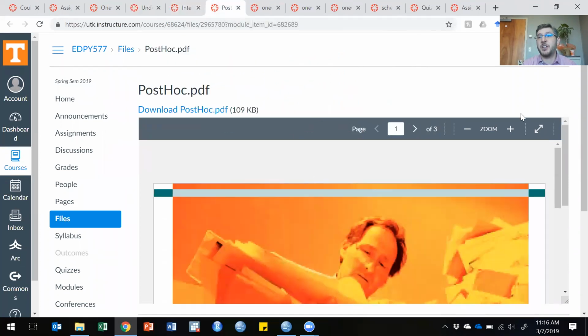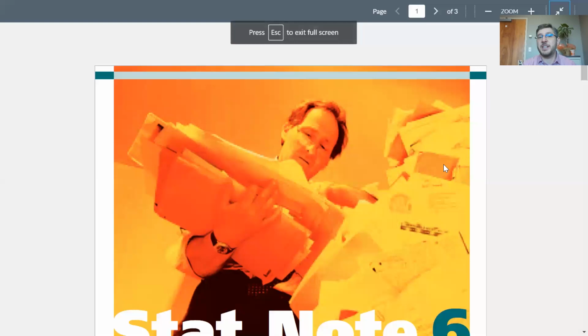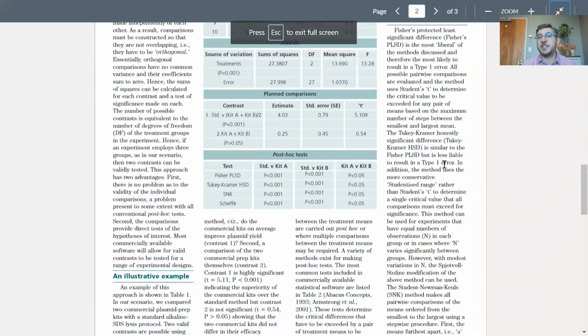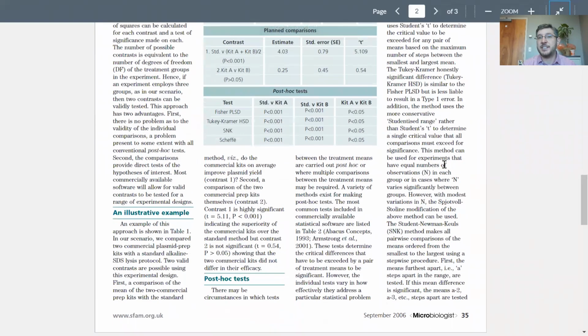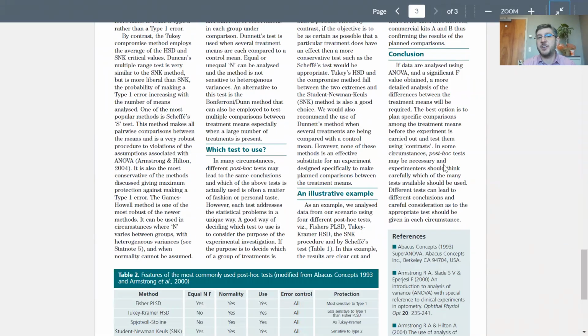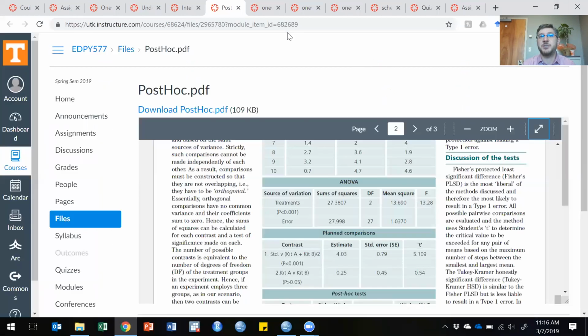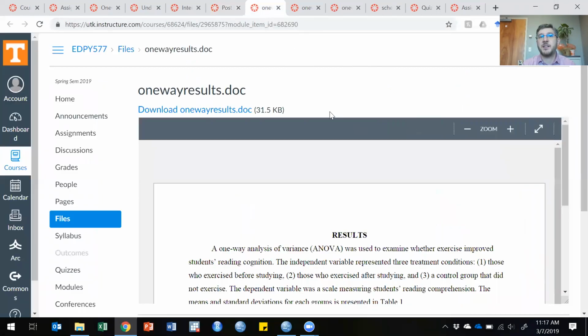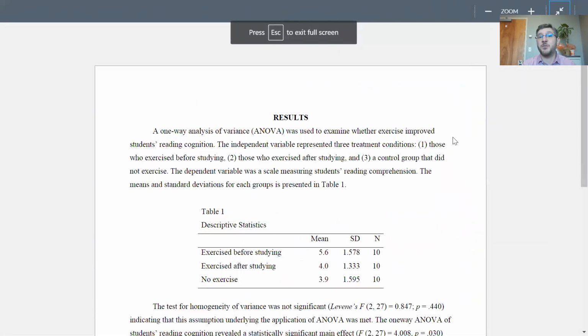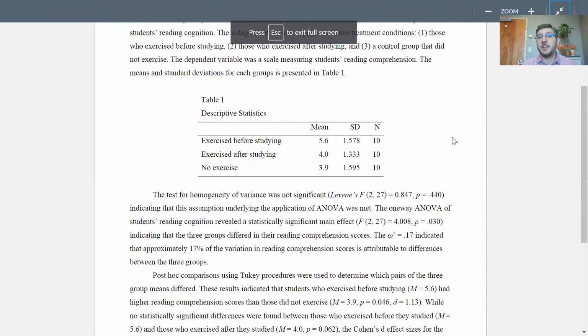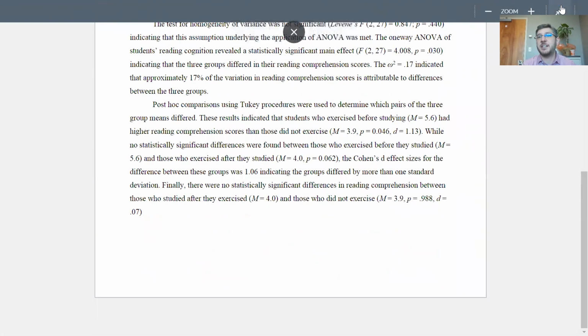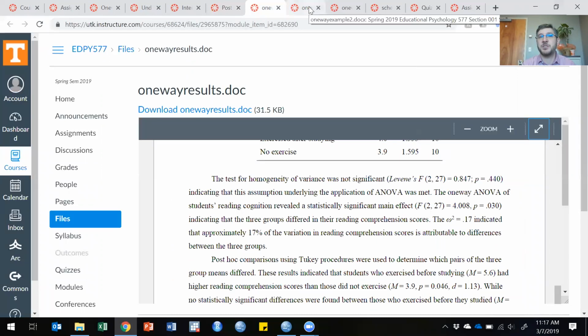I have another document that goes into more detail on various kinds of post hoc tests, and different scenarios when you might want to use them. I have an example of a write-up for a one-way ANOVA, so you can see how you might write up the results.